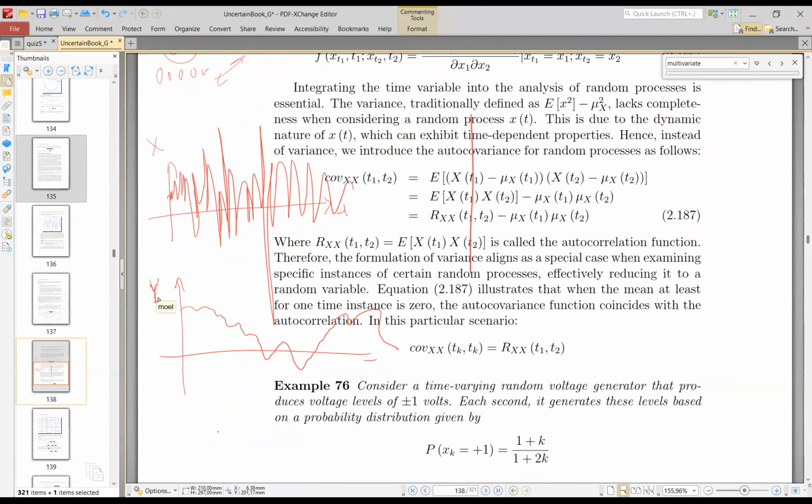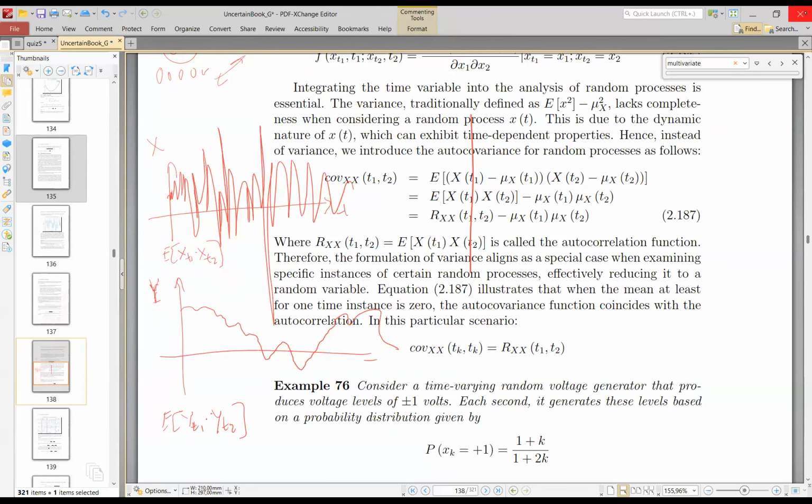Now I would like to compute the autocorrelation of each one. So here I am looking for the expected value of x at t1 times x at t2. And here I am looking for the expected value of y at t1 times y at t2.